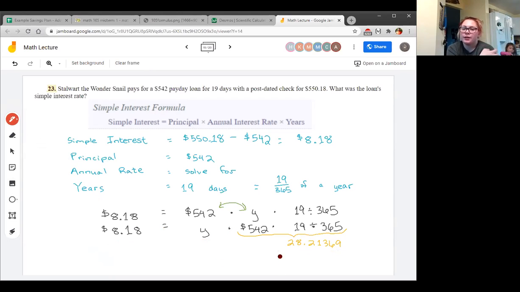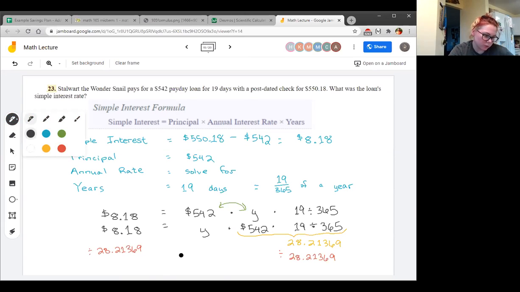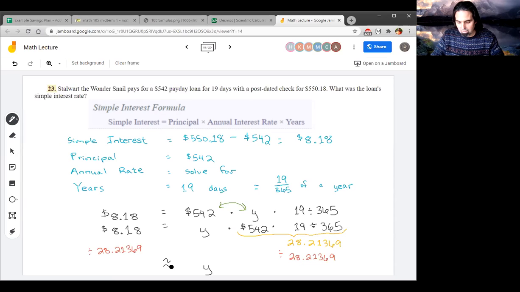You divide the 28.21369 on 9. So I'm getting about 29%.